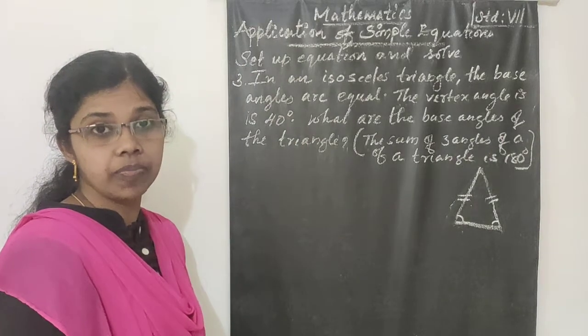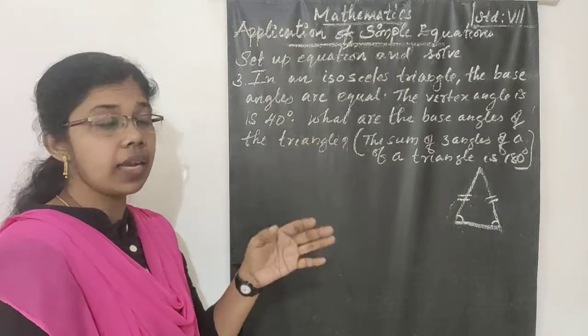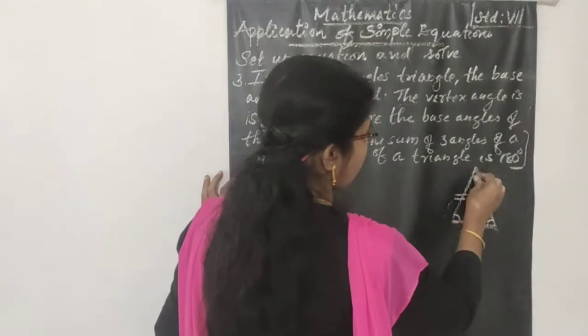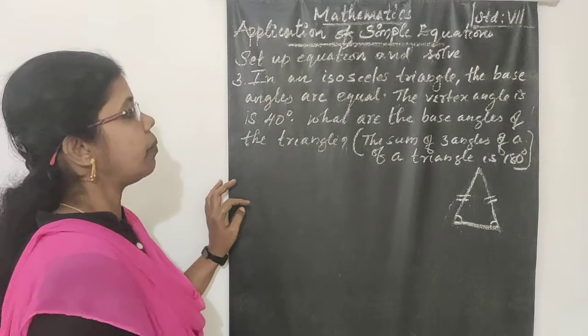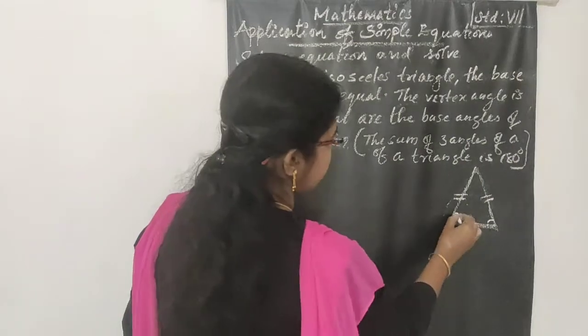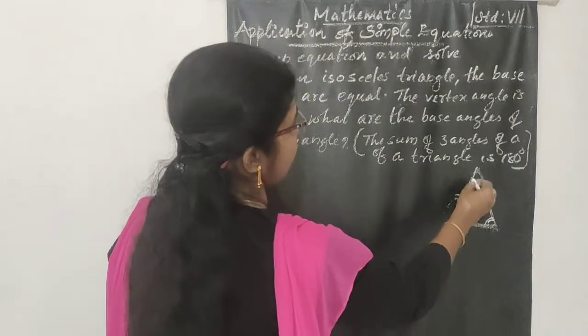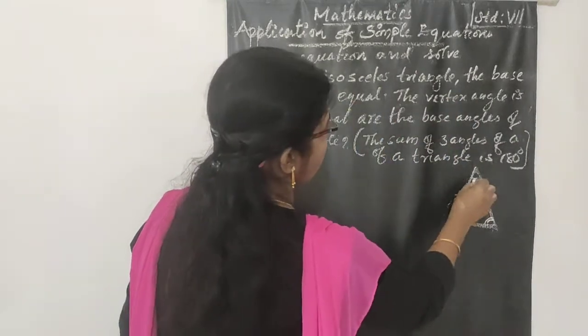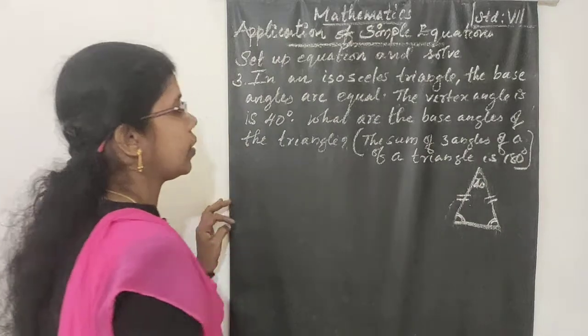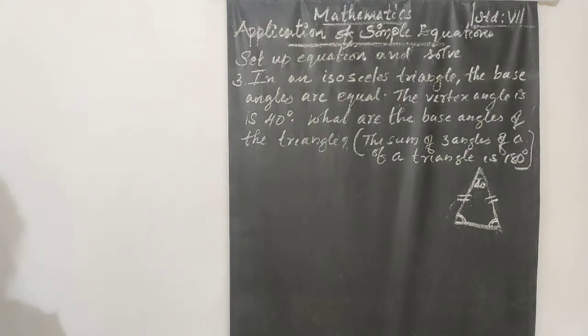All of you know that? The sum of all these angles is equal to 180 degrees. Here these two angles are equal. The vertex angle given here is 40 degrees. All of you clear this question?